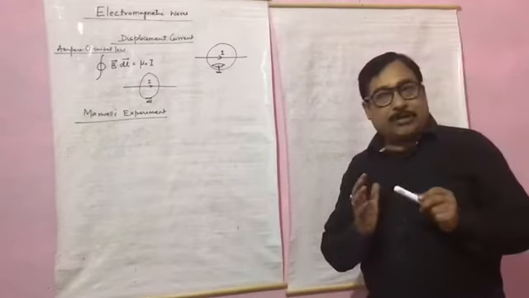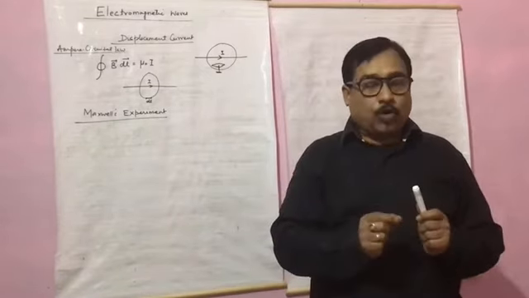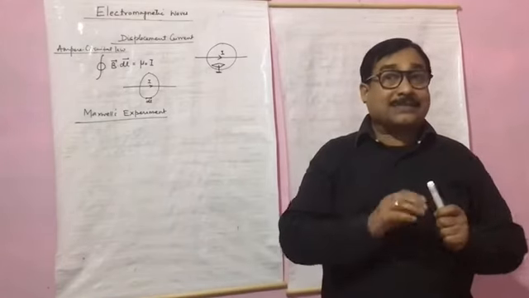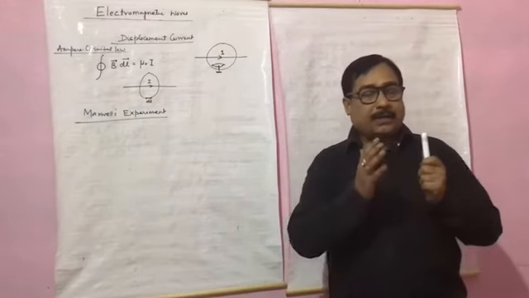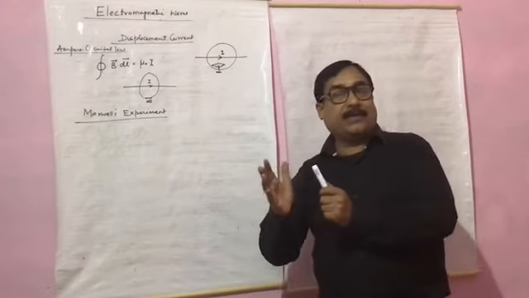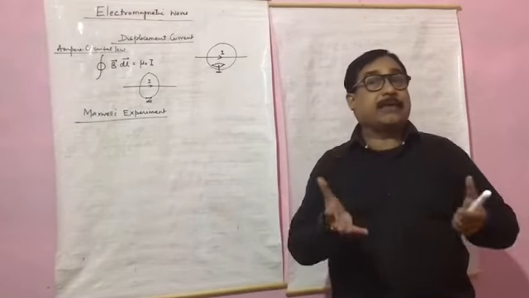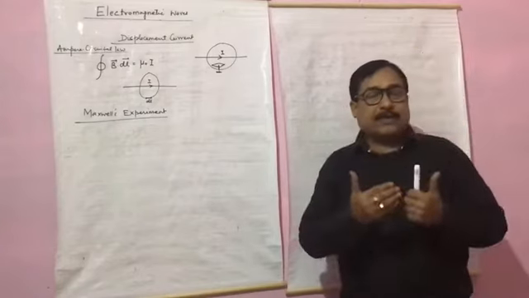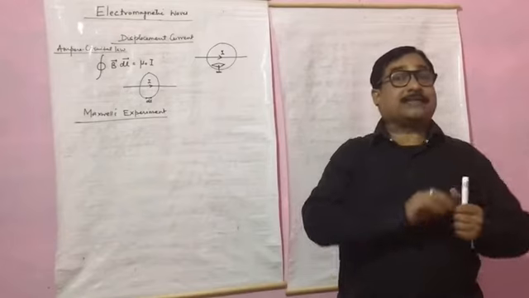Maxwell first proved that an oscillating charge or an accelerating charge can produce electromagnetic waves. In this wave, electric field and magnetic field are both simultaneously present. The source of these electromagnetic waves is the oscillating or accelerating charge.